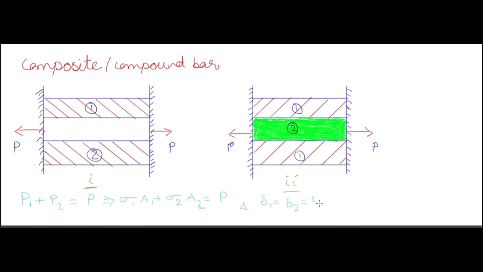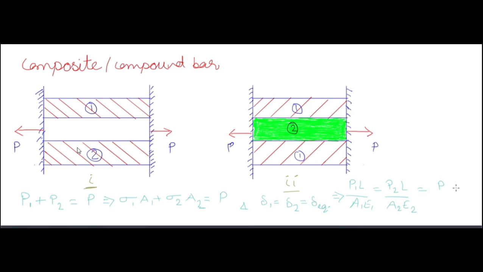Also delta 1 is equal to delta 2 because both are fixed supports. So whatever elongation is happening in 1 will be happening in 2 also. So delta 1 is equal to delta 2. So P1 L1, L is constant, L is the same for both.